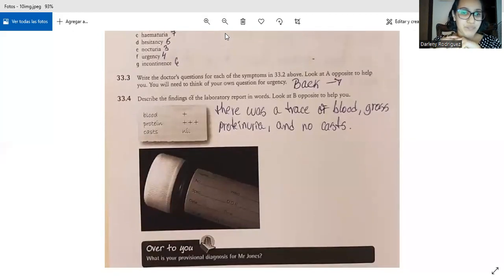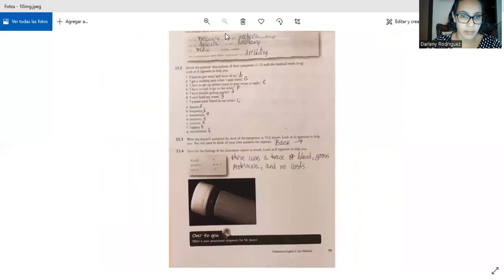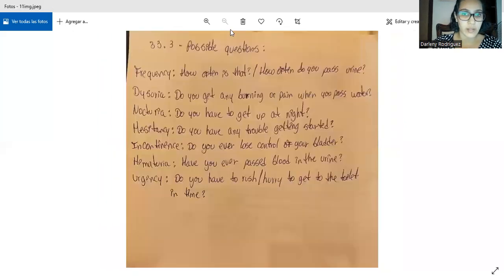Point 3. Write the doctor's questions for each of the symptoms in 33.2 above. Okay, this is in the back here. Possible questions. Frequency. How often do you pass urine? Dysuria.